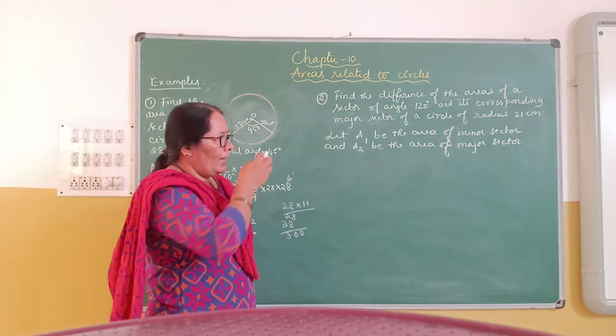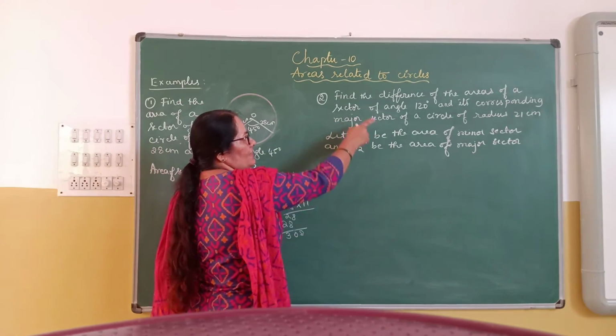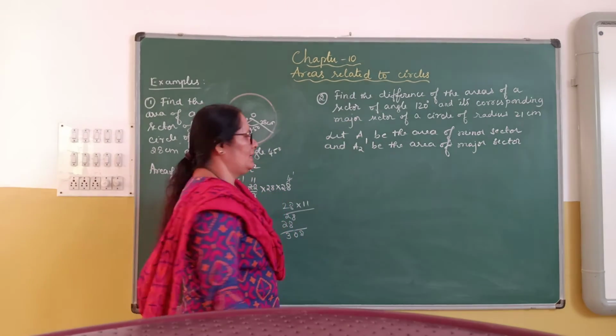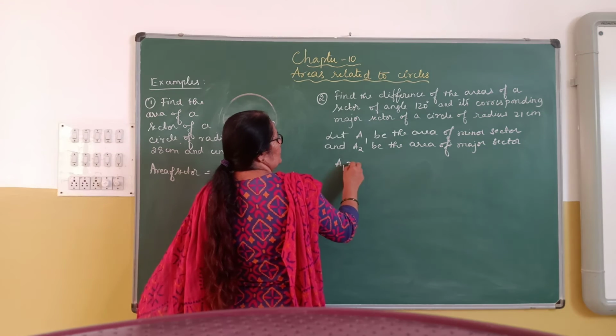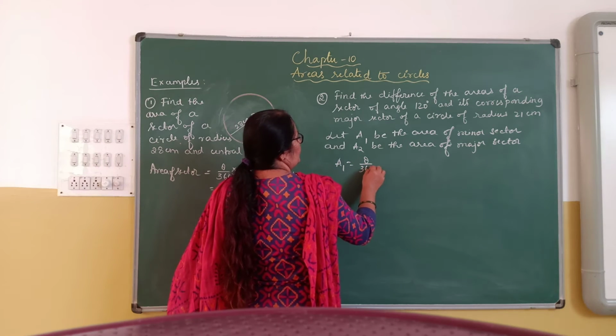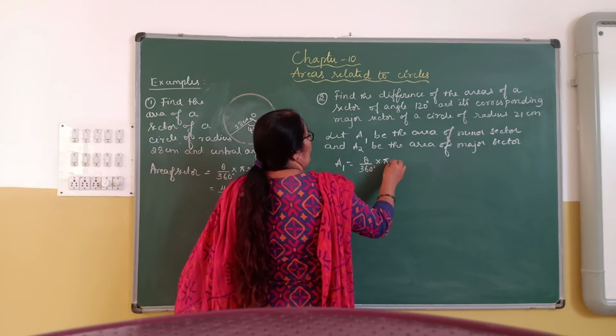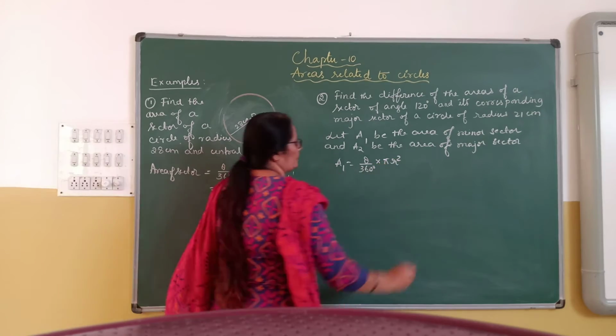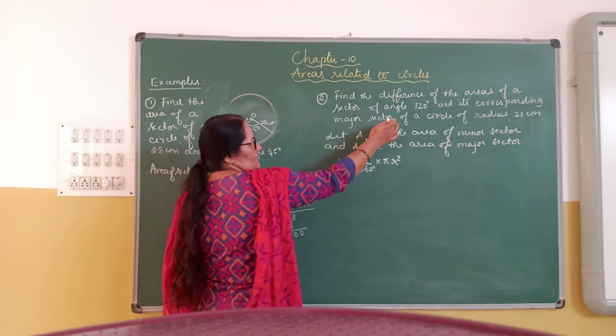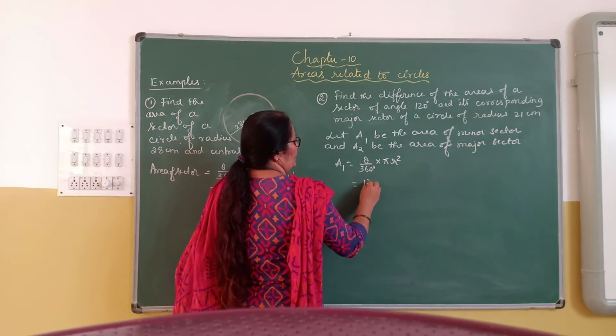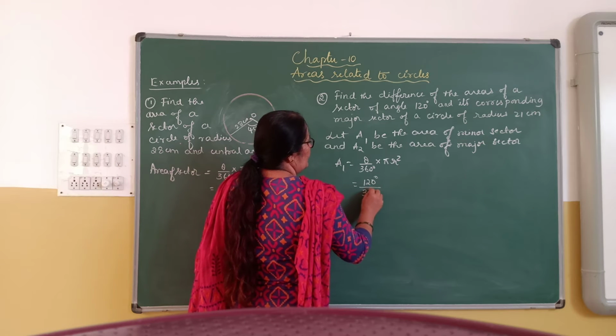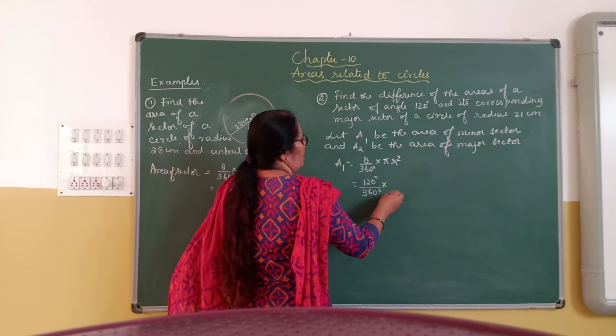First we need to find the area of the minor sector with sector angle 120 degrees. So A1 equals theta by 360 degrees into pi r square, where theta is given as 120 degrees, divided by 360 degrees into pi r square.